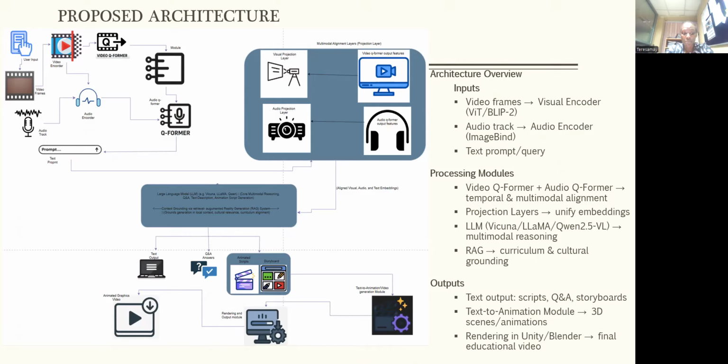But to make sure that the content is not generic, we also integrate a retrieval augmented generation module. This module incorporates a database of Uganda's competence-based curriculum documents, teachers' guides, and also things like local culture materials.